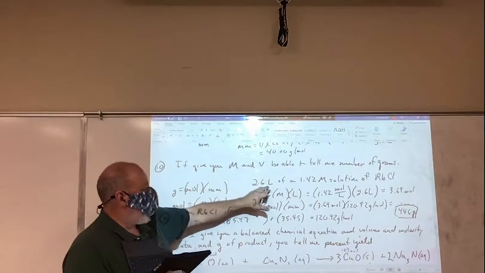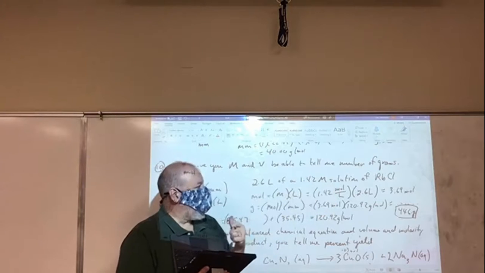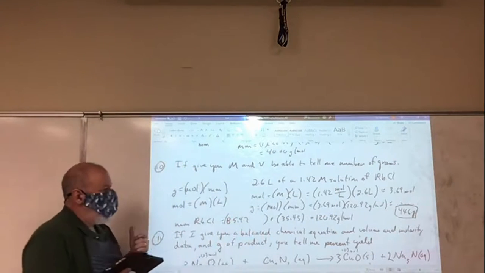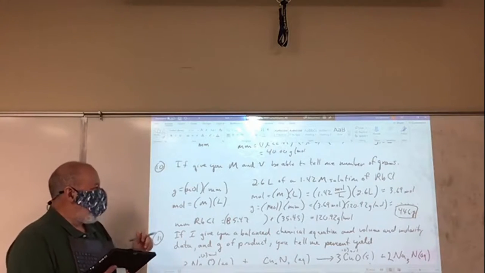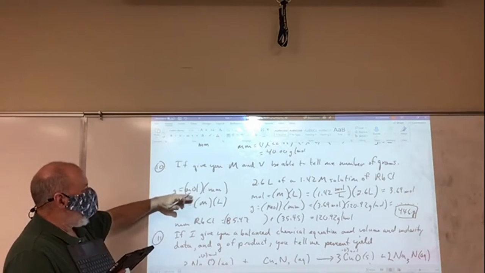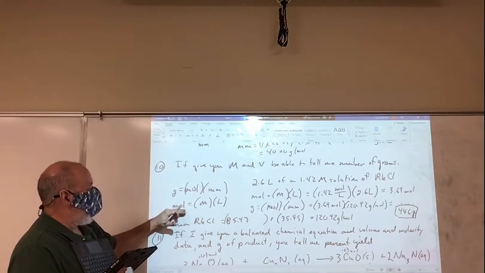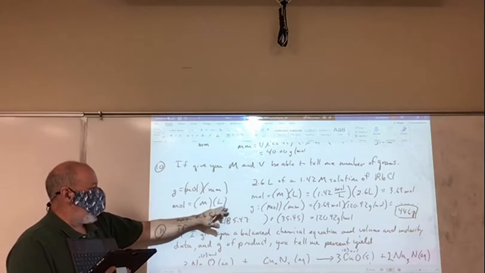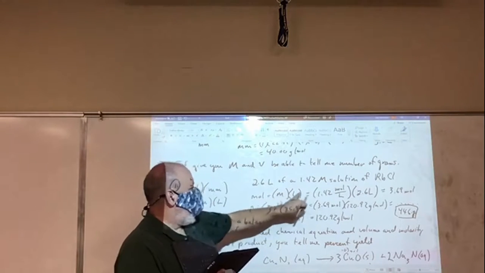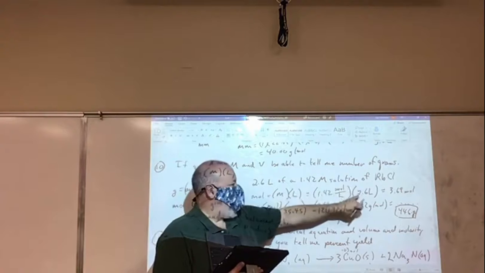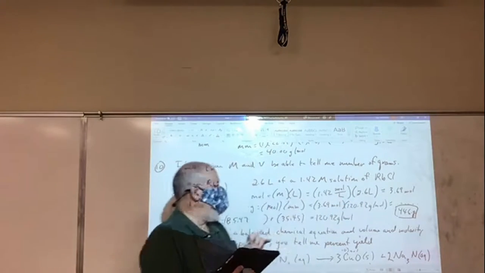So I've given you 2.6 liters of a 1.42 molar solution of rubidium chloride, and you say, okay, how many grams is that? Oh, grams equals moles times molar mass. I don't know the number of moles. Moles equals molarity times liters, so I calculate that. 1.42 molar times 2.6 liters equals 3.69 moles.